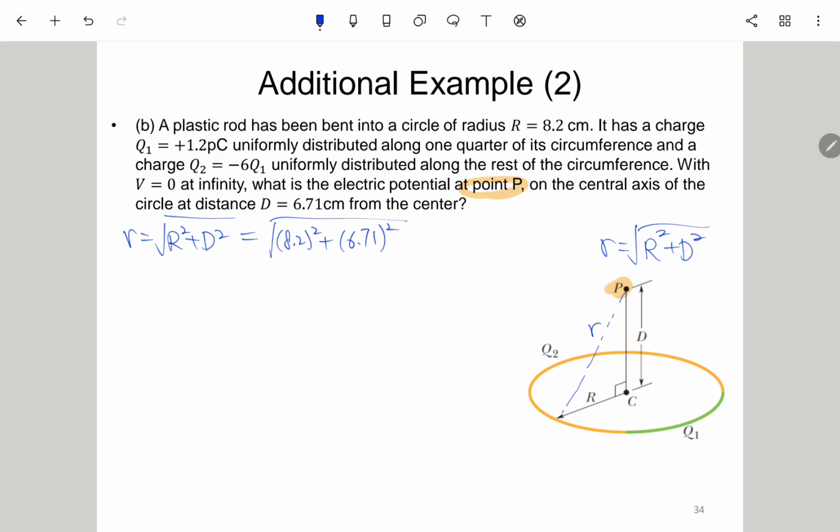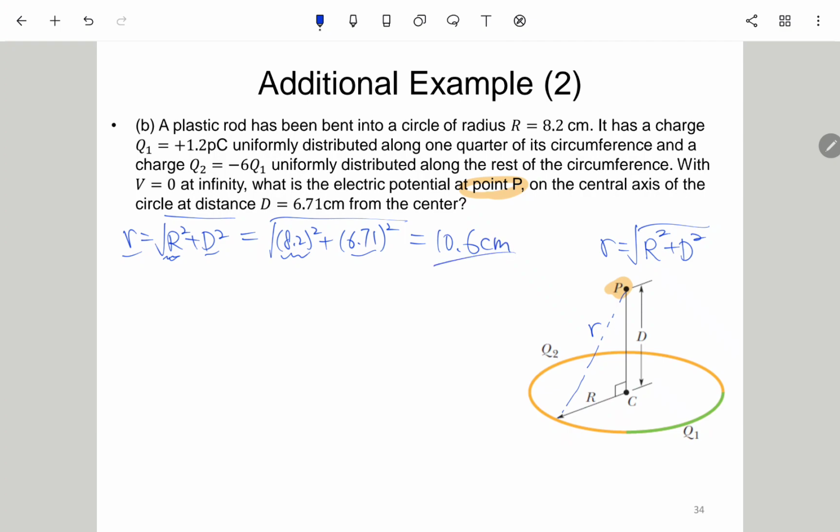Usually we need to convert the centimeter into meter as an SI unit, but here, as these three are lengths with the same unit, we can just skip this part. After taking the squares, the sum, and the square root, this is still in centimeter. So this is 10.6 centimeter.